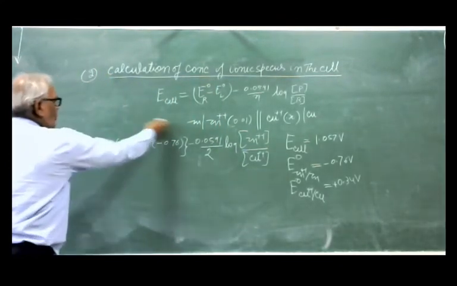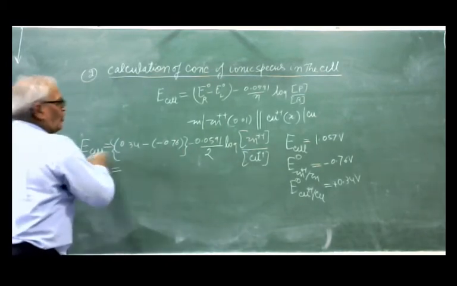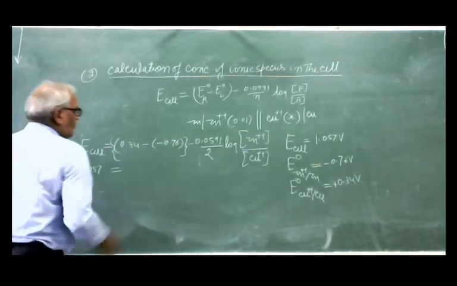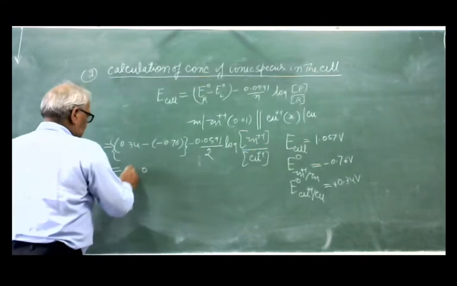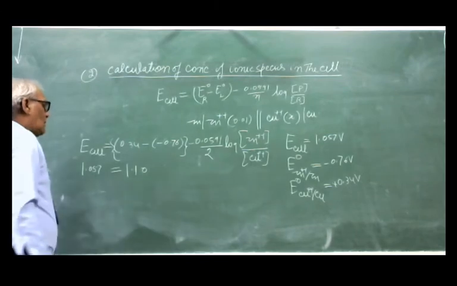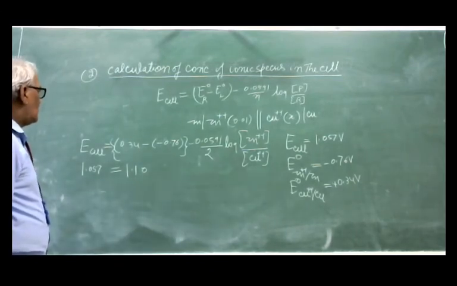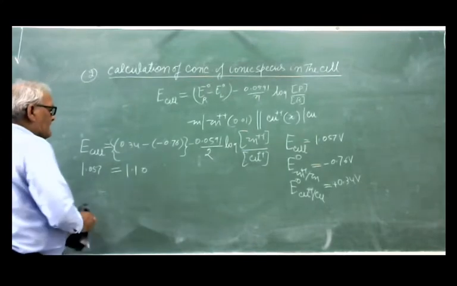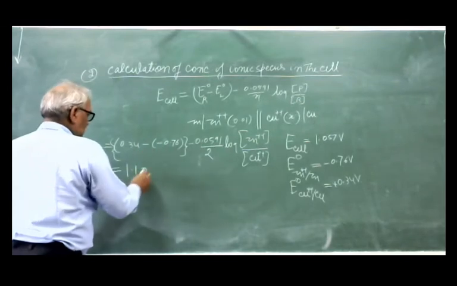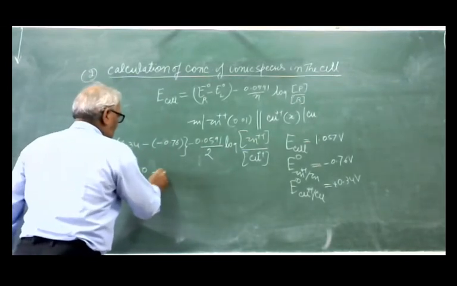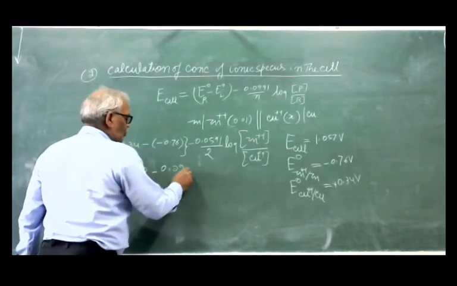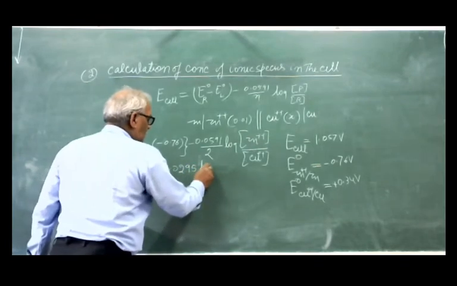So this value is known. This value is also known. It is 1.057 volt. This is equal to how much? This is 1.1 volt minus 0.0591 divided by 2, you will get 0.0295 log.